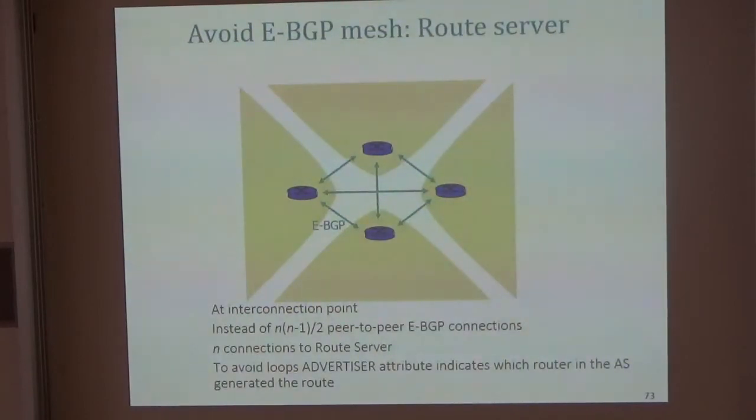But very often, interconnections are not point-to-point links between providers, but at so-called interconnection points. An interconnection point, also called an internet inter-exchange point, is a place, usually in the basement of a building, where all providers have access and interconnect to each other.